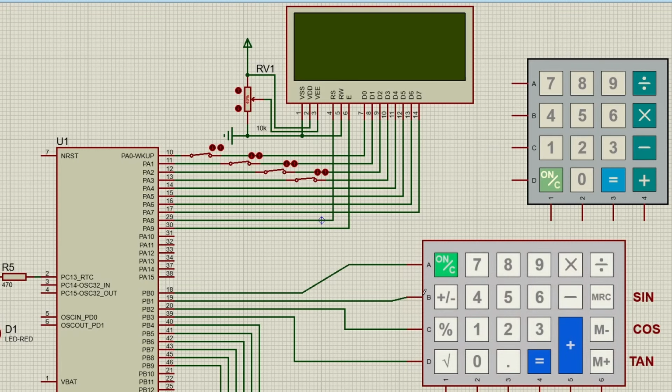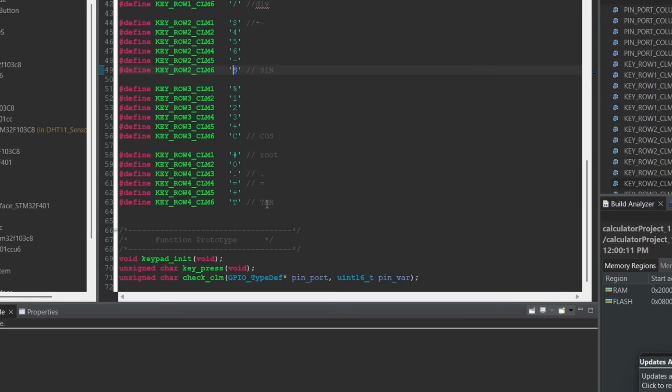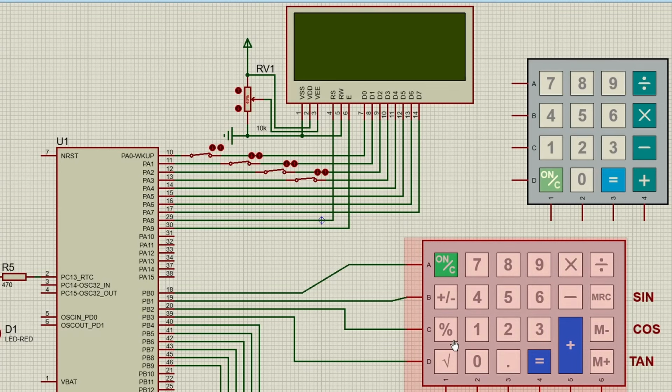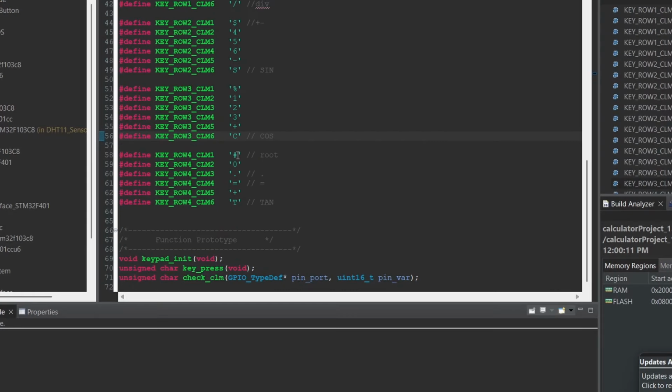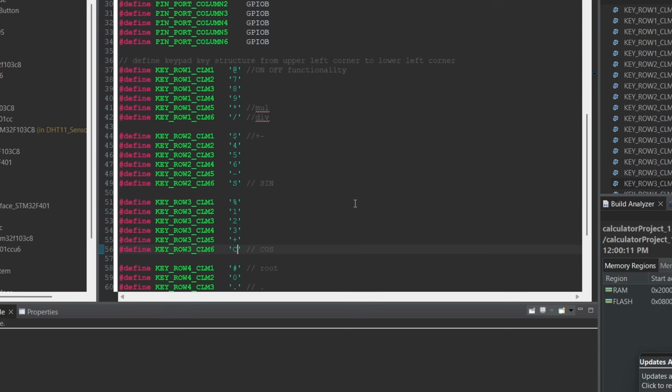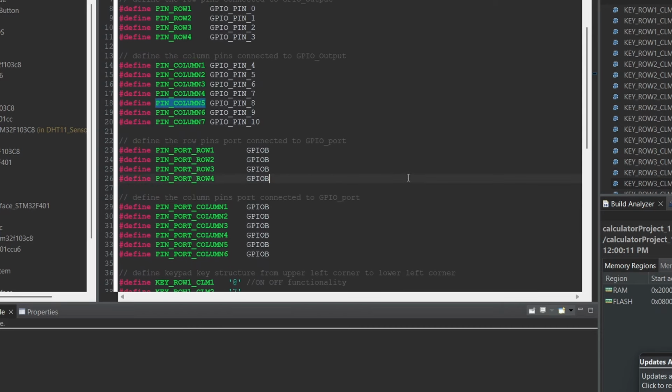Coming to row 3, we have modulus, 1, 2, 3, plus and cos, with trigonometry cos as c. In row 4 we have root, 0, dot decimal point, equals, plus and tan. For root functionality we have taken the hash sign, and for trigonometry tan we have taken the t character. So we have modified this.